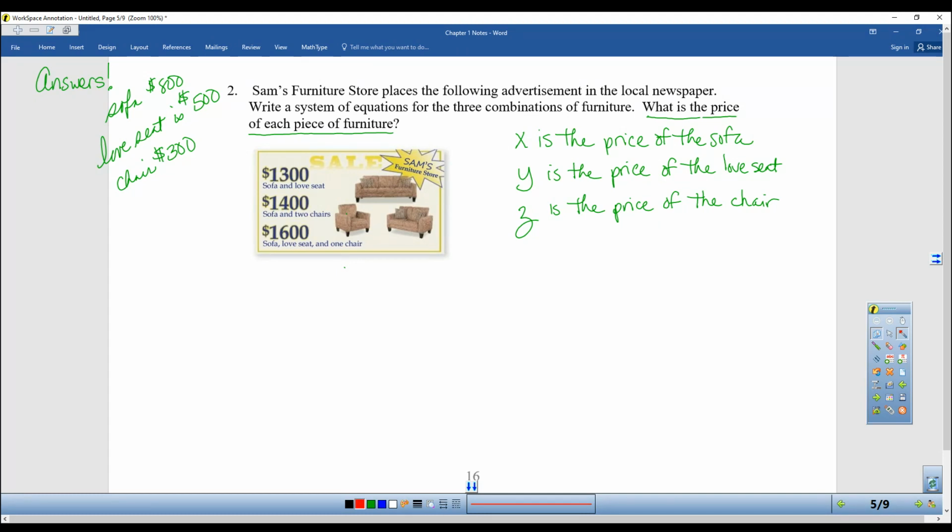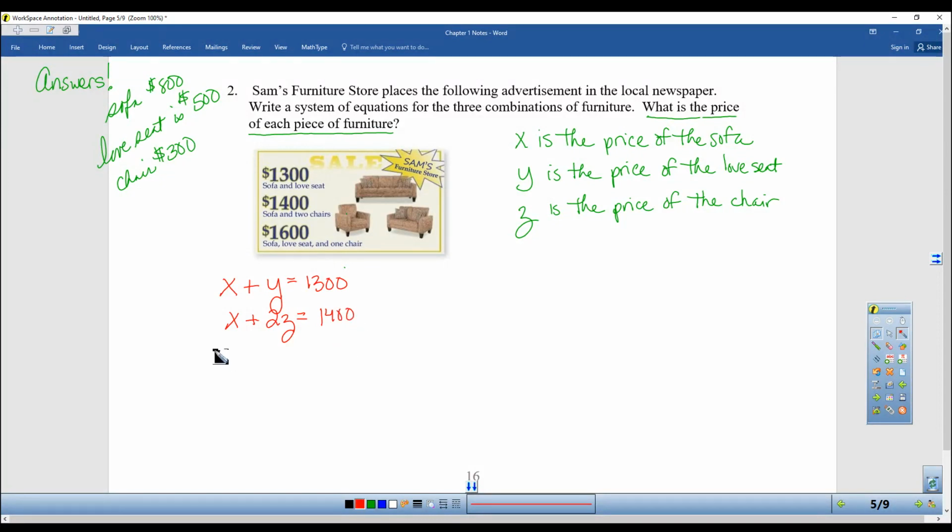Okay, so let's write our equations. It says the sofa, which we called X, plus the love seat, which is Y, is equal to $1,300. If you buy the sofa, X, and you buy 2 chairs, 2Z, then that is going to be $1,400.